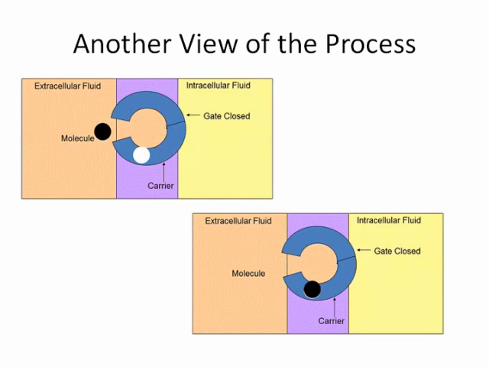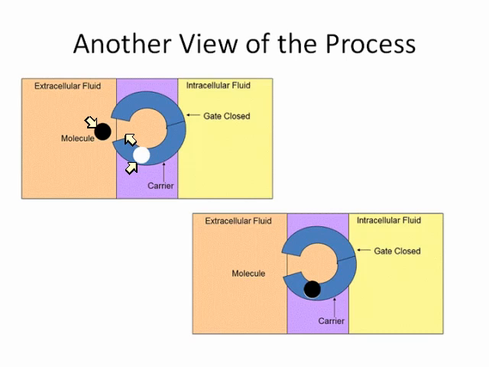Let's take a look at how exactly this happens. For facilitated diffusion to occur, first thing, here's our molecule. We will notice that the gate is open. We will also notice here's the binding receptor that molecule needs to be able to fit into.